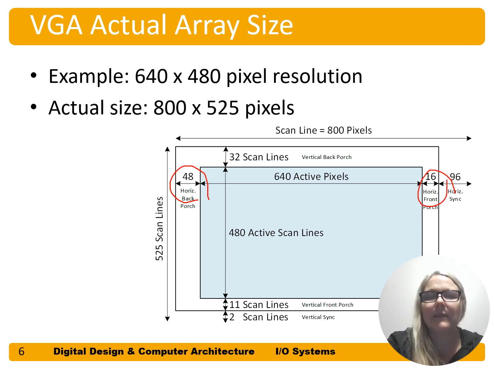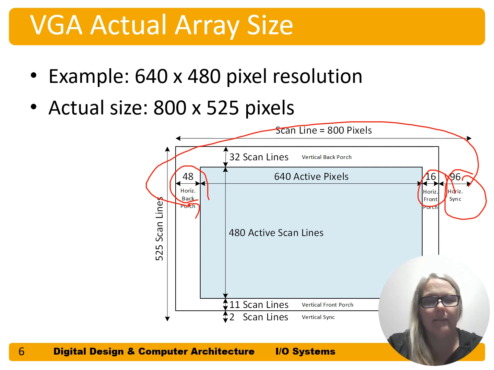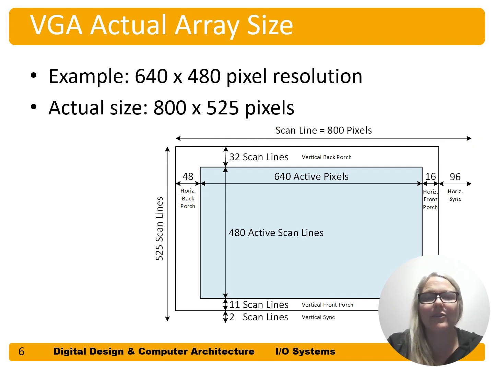Front porch has 16 pixels, and then for syncing the horizontal, originally electron gun back to the beginning, it took 96 pixels. And so the entire scan line is actually 800, right? The addition of these 48 plus 640 plus 16 plus 96 is 800 pixels.